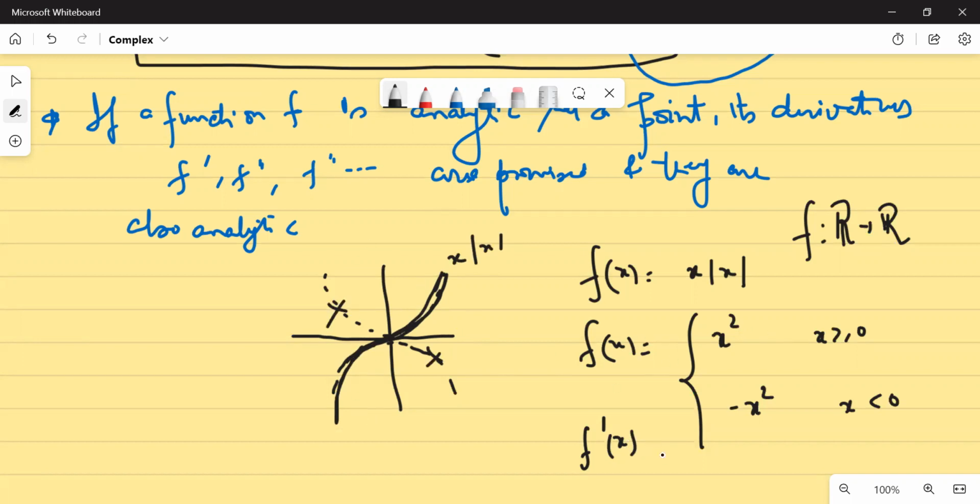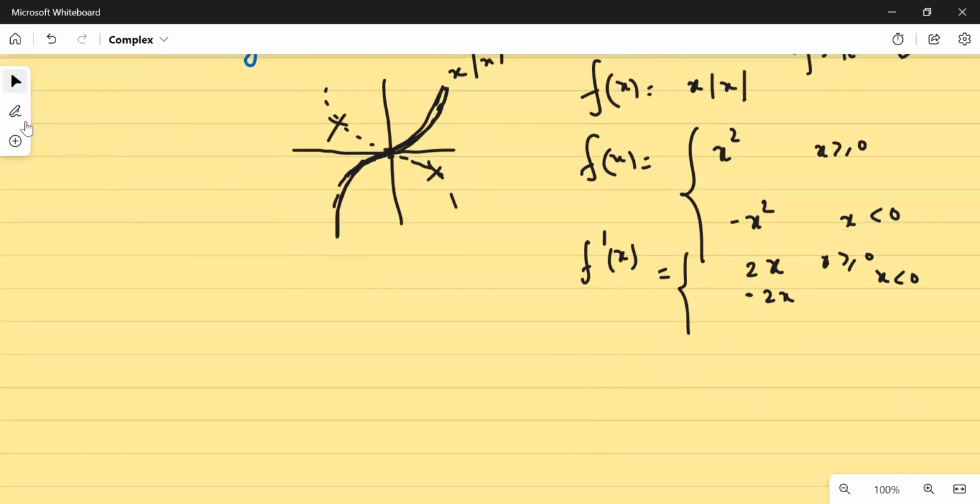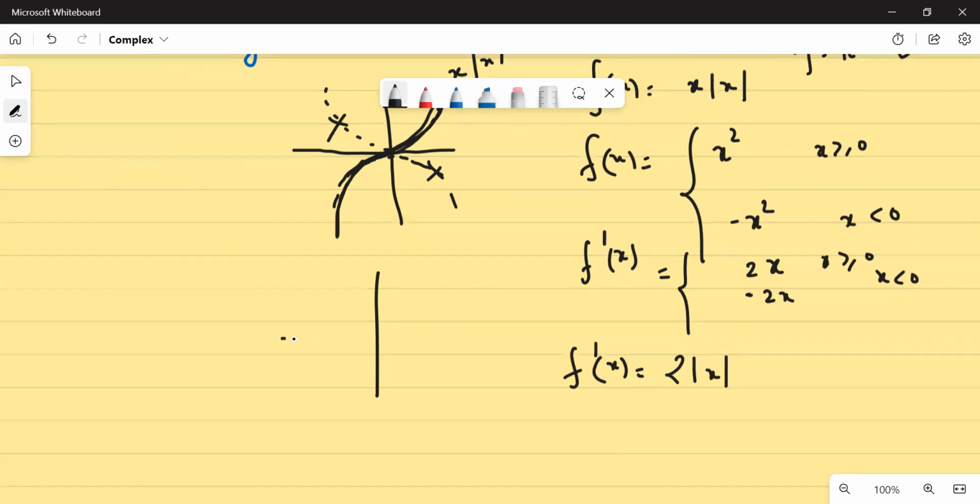You can clearly see that if you try to differentiate, you will get 2x for all x greater than or equal to 0 and minus 2x for all x less than 0. So this f dash x looks like 2 times modulus of x, and you clearly know that modulus of x is non-differentiable at x equal to 0.